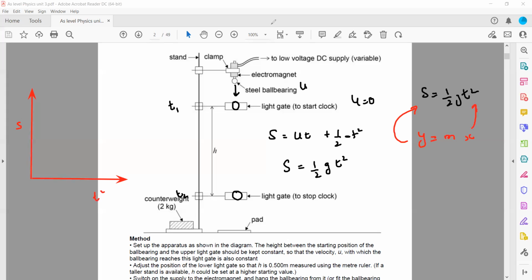What will be the gradient of the graph between s and t squared? The gradient is equivalent to half g, 1 by 2 g. So to get the gravity, g will be equal to 2 times the gradient. This is how we can work out the acceleration due to gravity for a falling object between the two light gates.